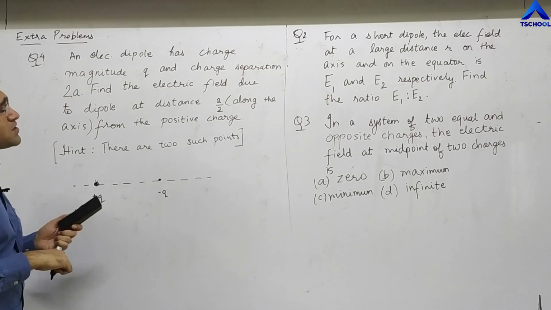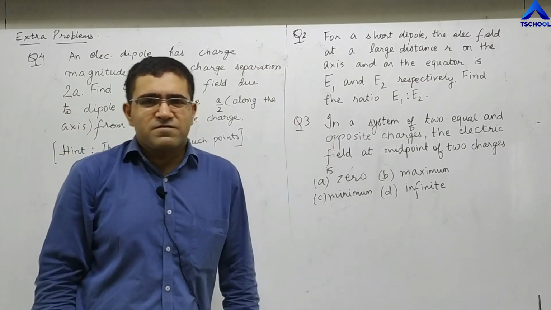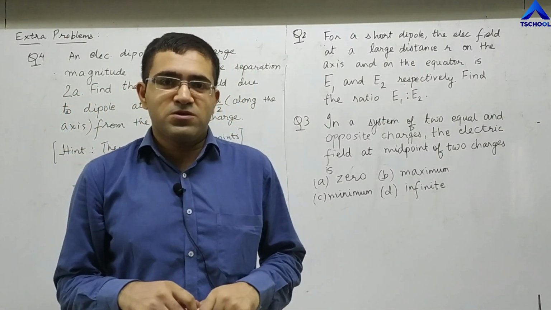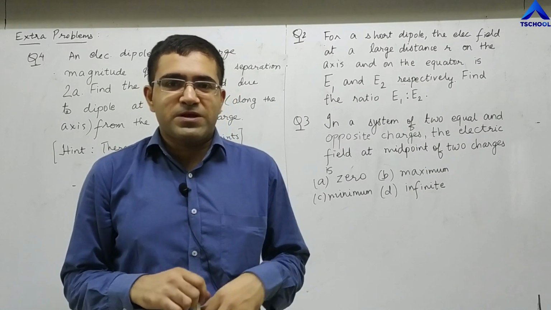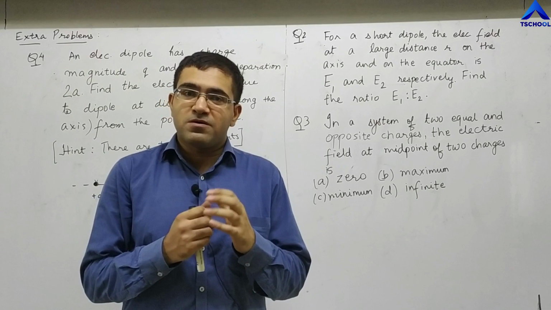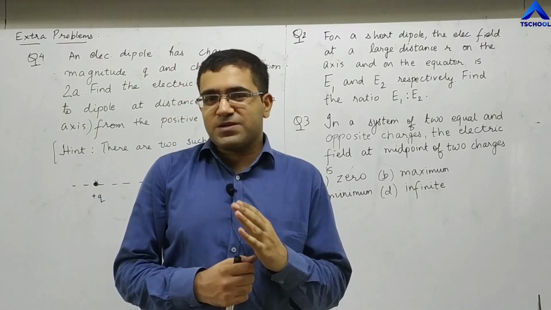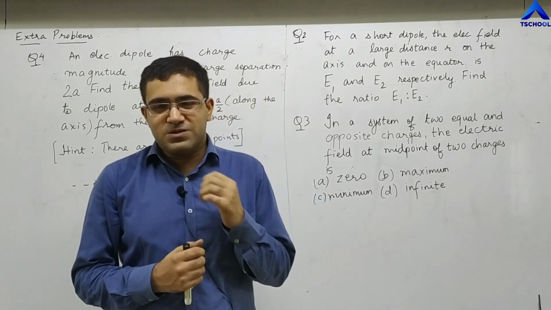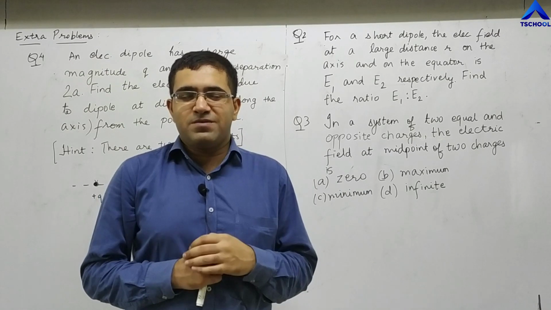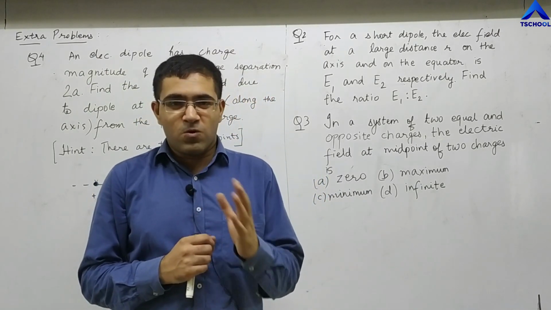So that's it really for this lecture. We have derived expressions for electric field due to a dipole on its axis and on its equator. Let me quickly repeat these for you. Electric field on the axis of the dipole is given by E axis vector equal to 2kp vector r divided by r square minus a square, the whole raised to 2.